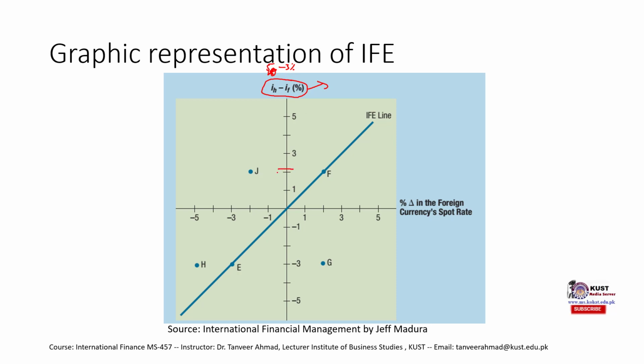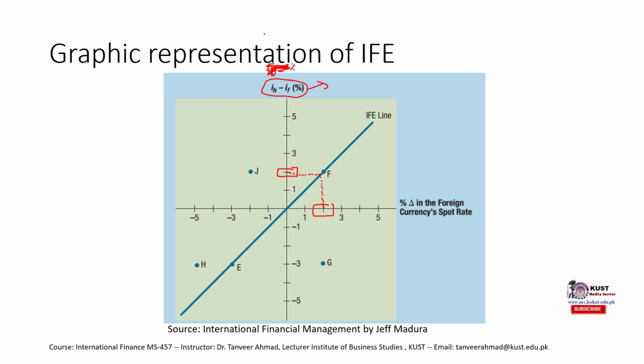So it would be at this point in this graph. So what does this mean? If the interest rate differential is plus 2%, then how much would the foreign currency change? The answer would be plus 2%. That means the foreign currency would appreciate by 2%. Why appreciate? Because it's plus 2.